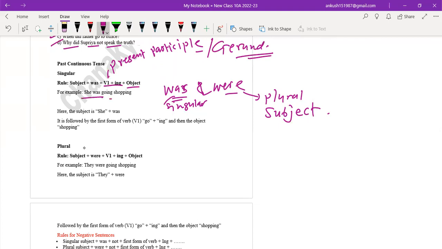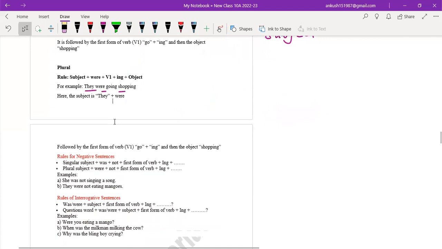For example, she was going shopping. It means some action was going on at that time in the past. Plural form, they were going shopping, means that this action was taking place there in the past, but with more people.